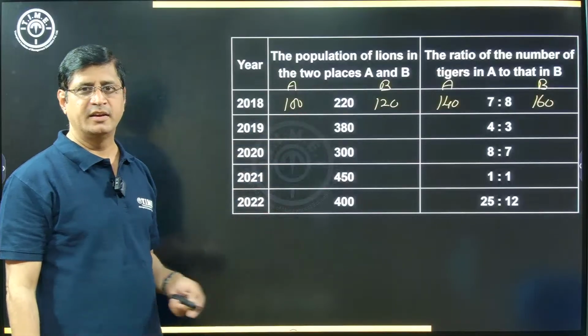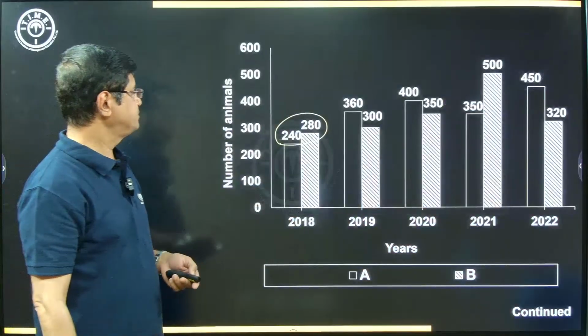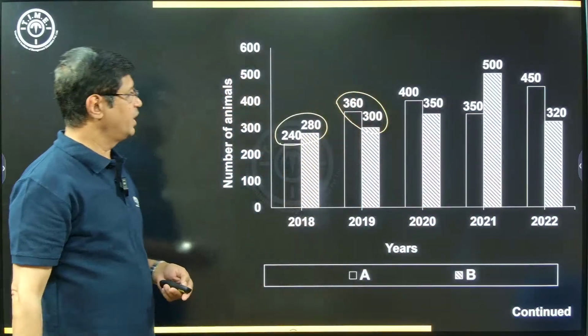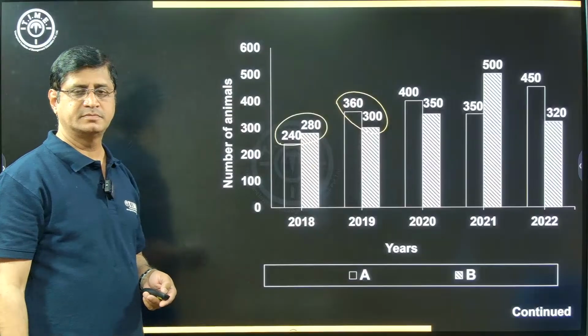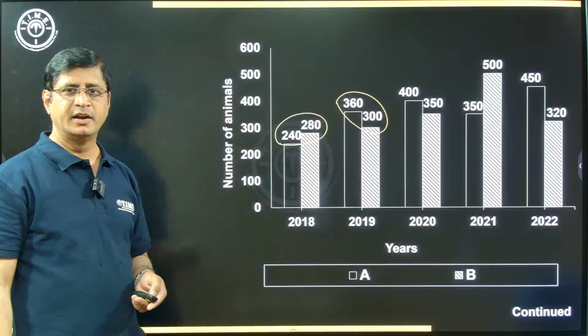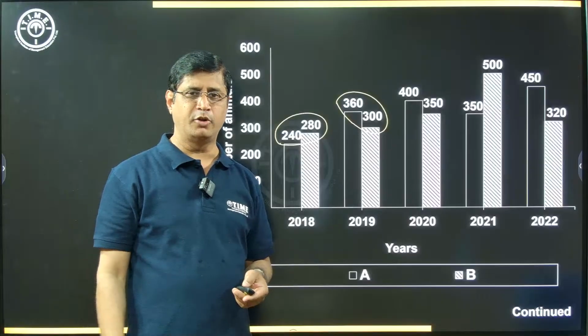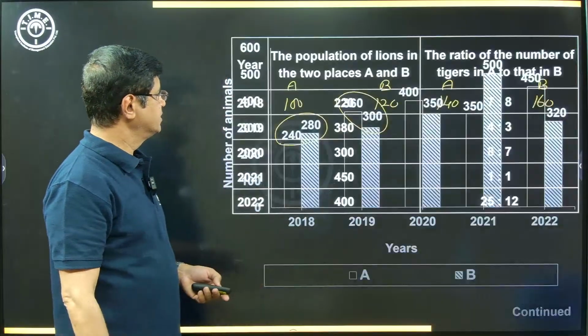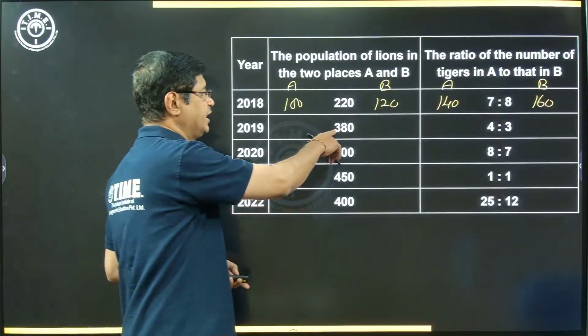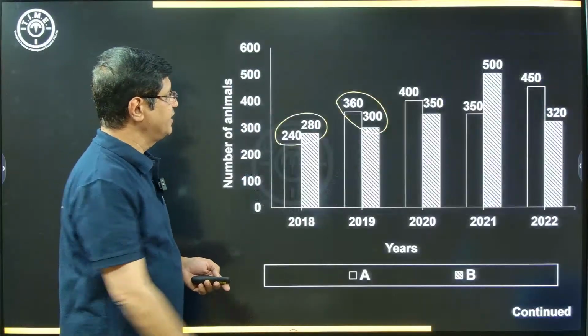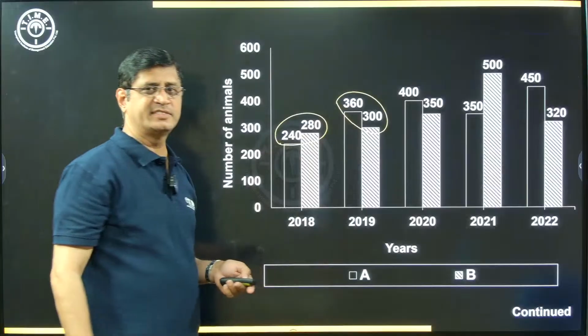Now, let me explain one more year. By adding these two, 2019, what is the value? 660. Total number of lions and tigers in the year 2019 from both the places, A and B. Now, look at this: 380 are lions. Here, how many total? 660.